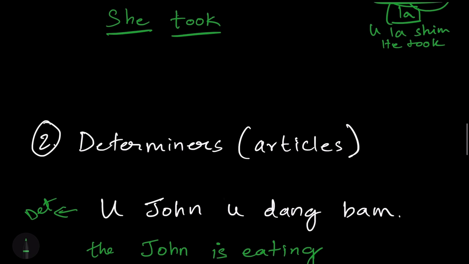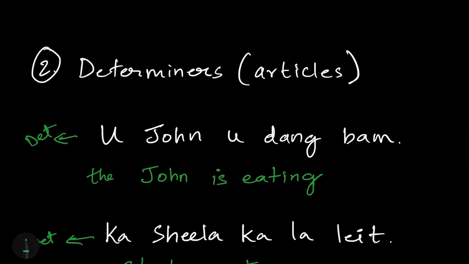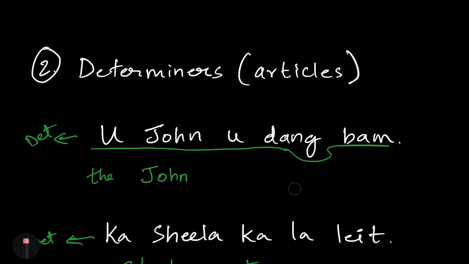Now the other thing about u and ka is they are not only pronouns, but they are also used as determiners. For example, if you translate this sentence, u John u dang bam, the first u is actually the, but in English we don't say the John, he is eating.